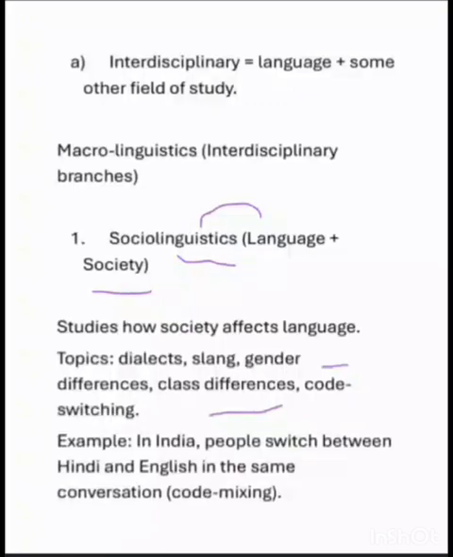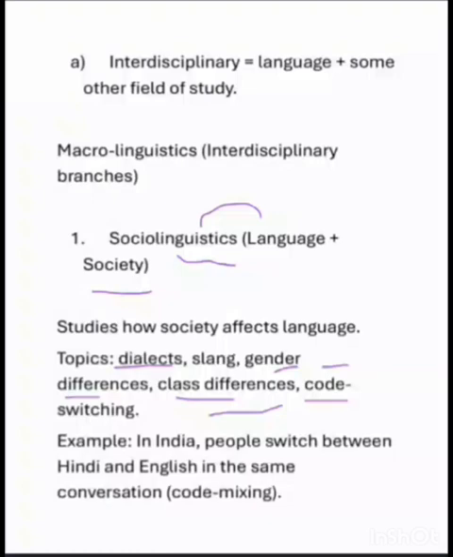For example, class differences: how different classes speak differently. Gender differences: how some words are used only by men and some words only by women. It deals with different dialects. A dialect is basically a variation within a particular language or within a particular group.